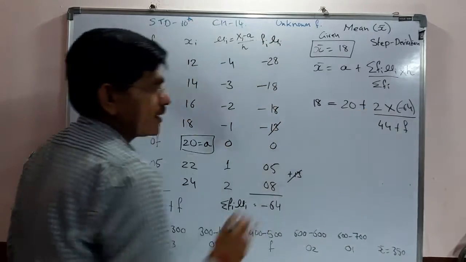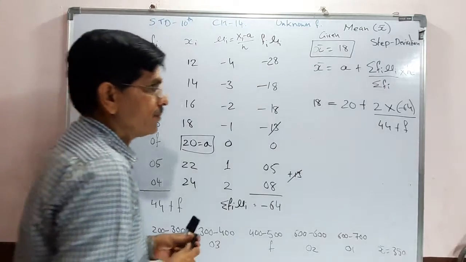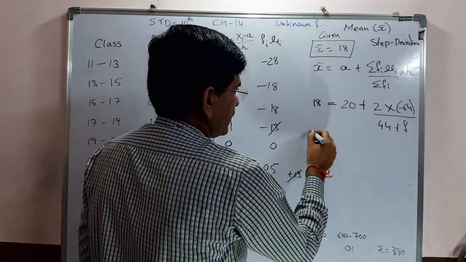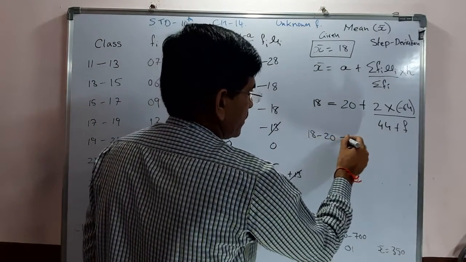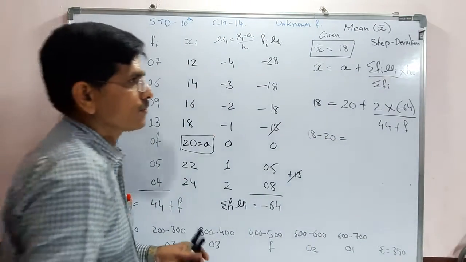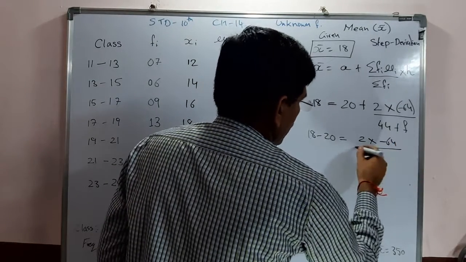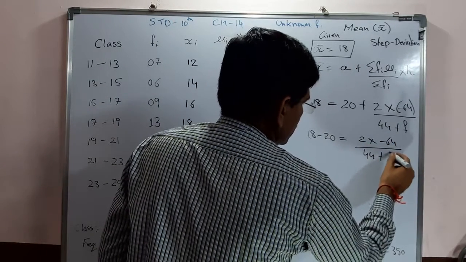Don't do this 20 plus 2. Can we do it? We cannot. So what is the first step? We have to shift this. 18 minus 20 is equal to, I have to write 2, into minus 64 upon 44 plus f.